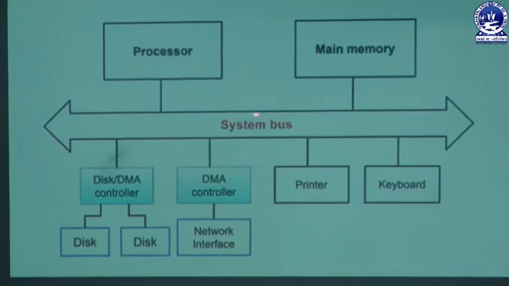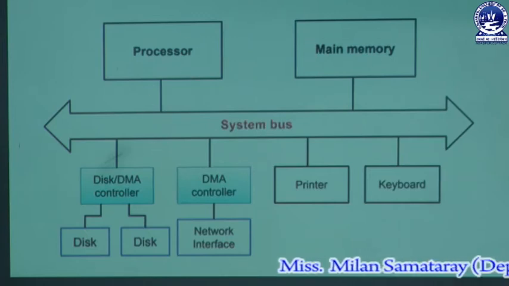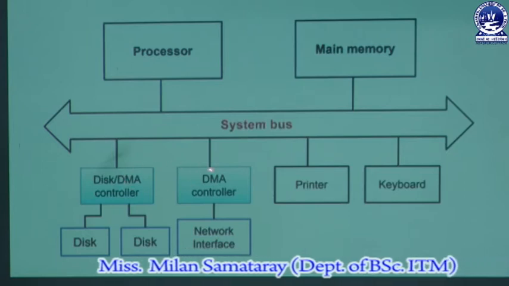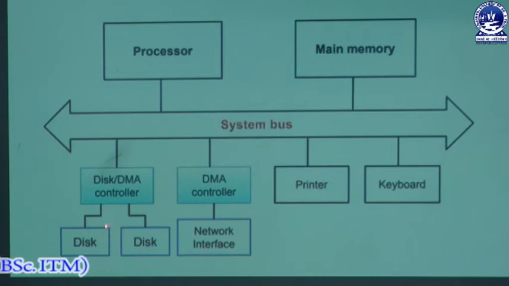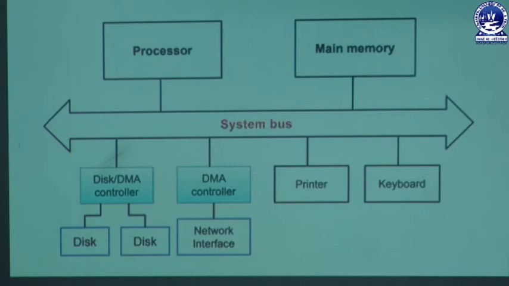Through this system bus, the DMA controller is connected to the processor and the main memory, and it is placed in between the connection of the disk, or in other words the IO devices, from where you have to do the data transfer, and the main memory, to which you are going to perform the data transfer.